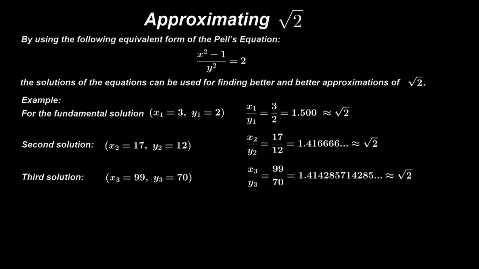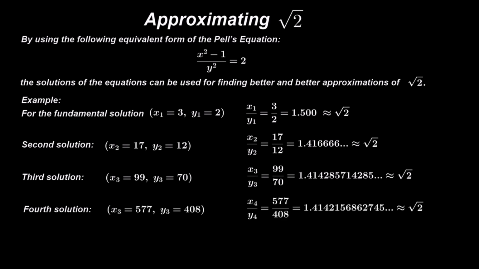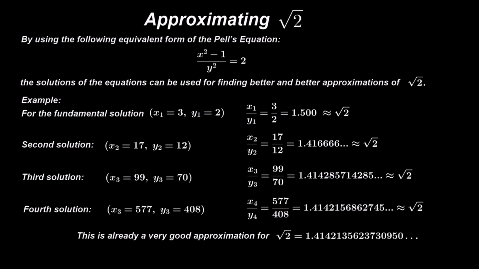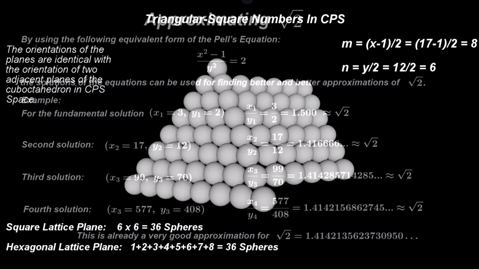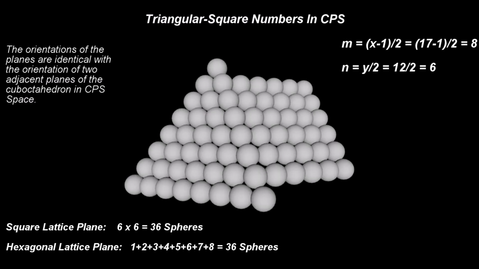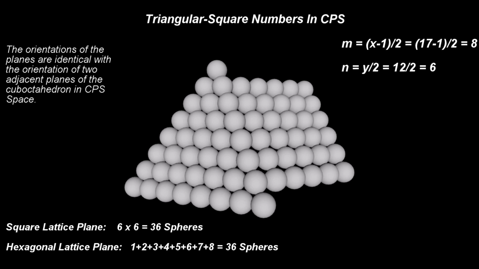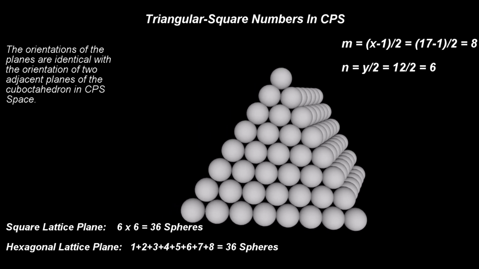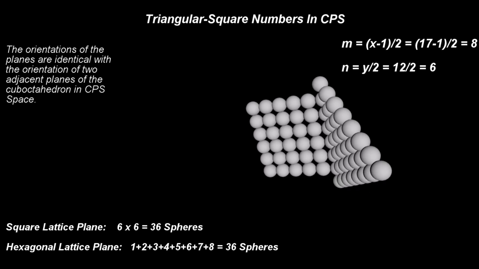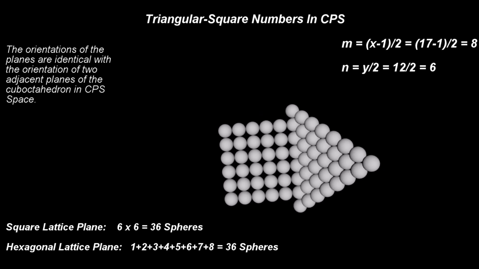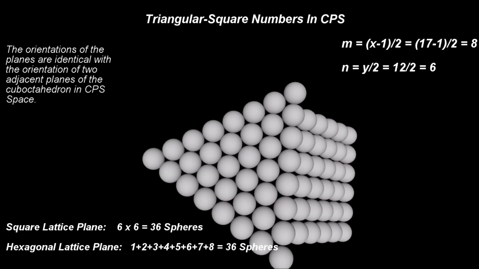In the context of CPS geometry, just remember, every CPS complex plane is determined by two orthogonal CPS lines, with units of measurement given by the square roots of some non-square natural numbers. The solutions to Pell's equation, x square minus 2y square equal 1, can also be used to determine the triangular square numbers.